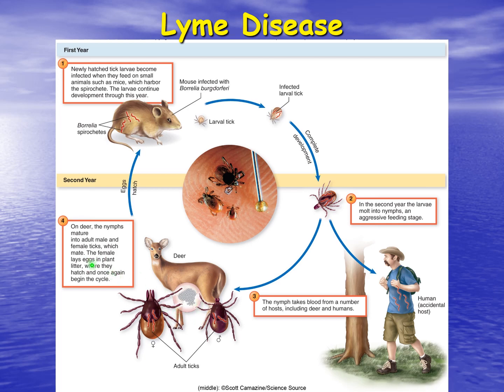The female will lay the eggs in plant litter where they hatch and once again begin the cycle again into the second year. The most common time that we see new infections of Lyme disease cases is actually in the fall of that first year when that nymph actually hatches out.